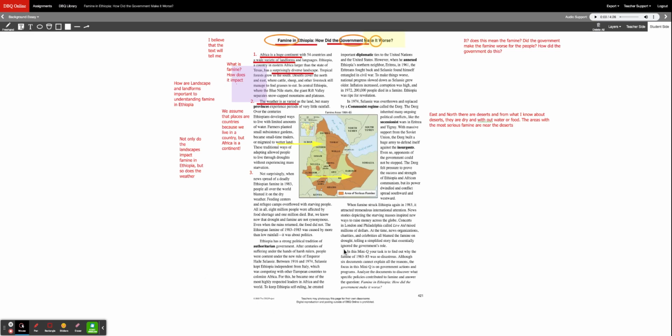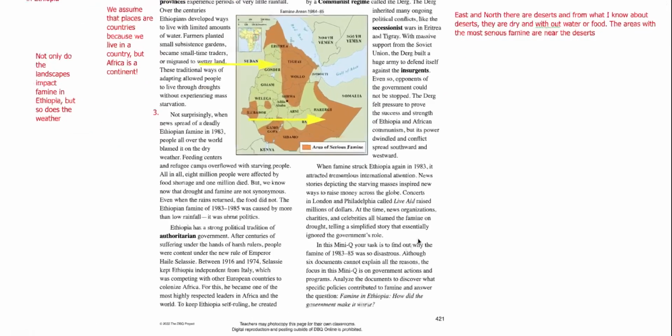Circling back to the last paragraph will be key as well, because in the last paragraph of most of the background essays, the buckets or the topics or the ways that the government made it worse will be clearly labeled.